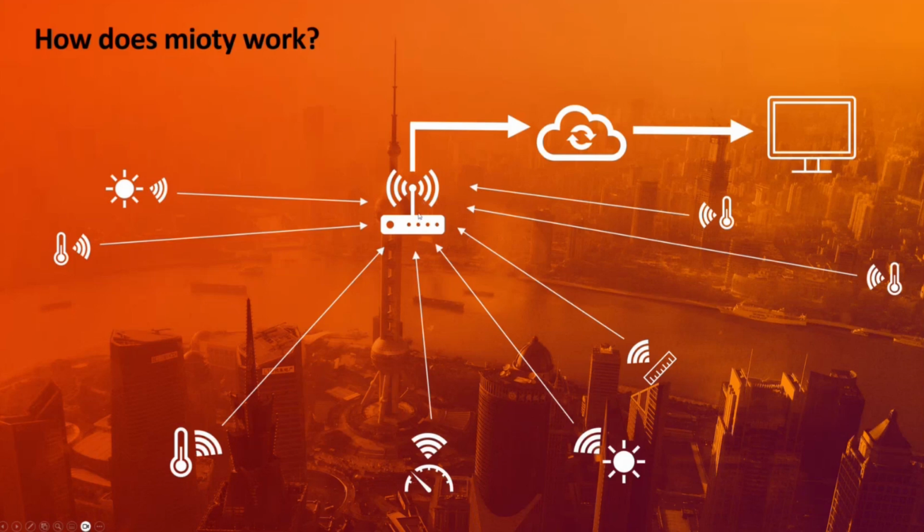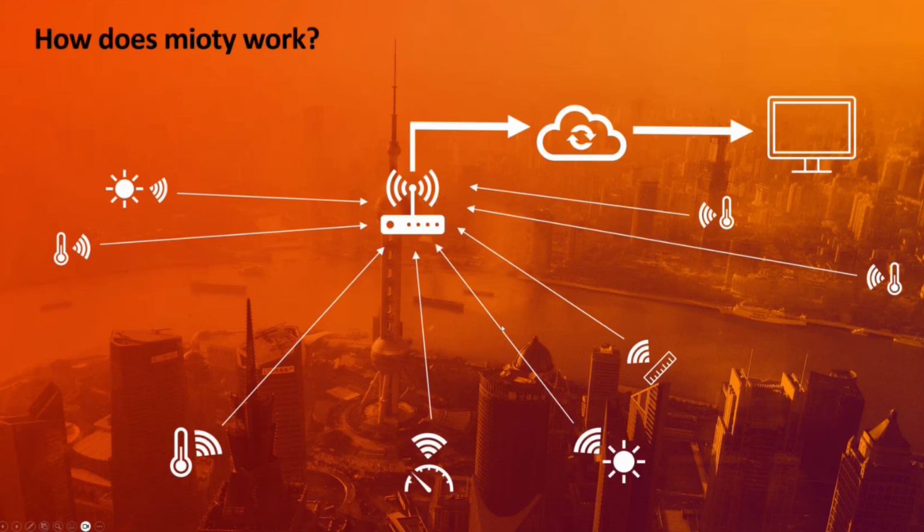And from the gateway, the data is processed and goes to a cloud backend or application cloud. And from that, you can monitor the data in any tool you like or any provider you have, and you gain some value out of the data.